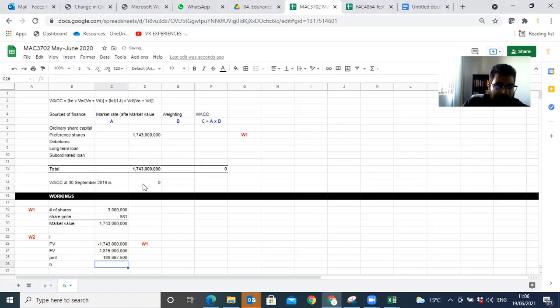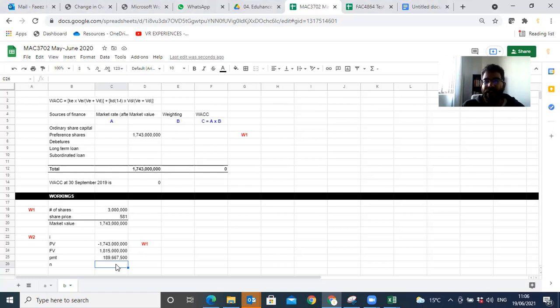There we go, and then we get N. Now we are at 30th September 2019. The instrument comes to an end on 30 September 2025. What is N? N is the remaining number of years times the number of payments or the number of compound periods during each year.